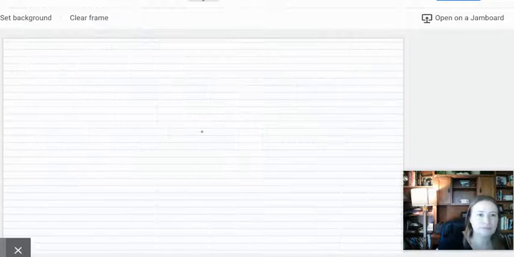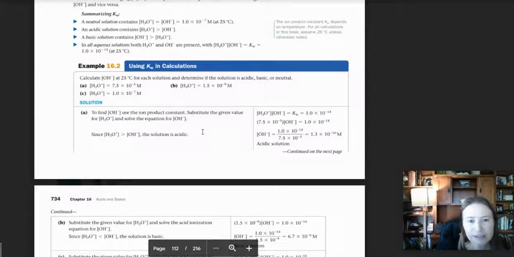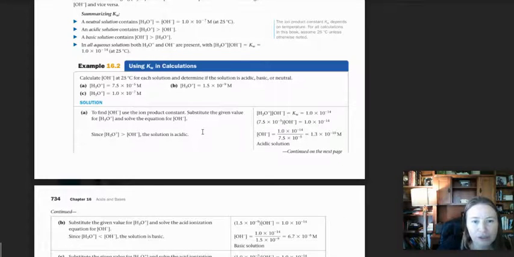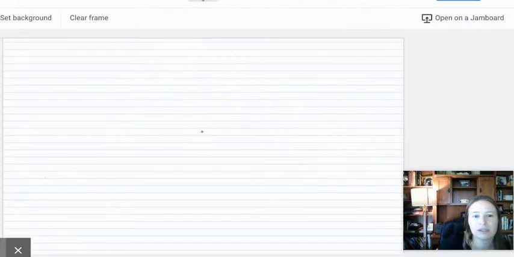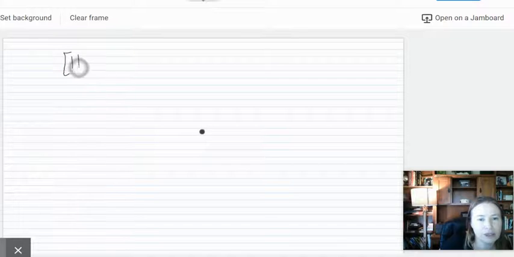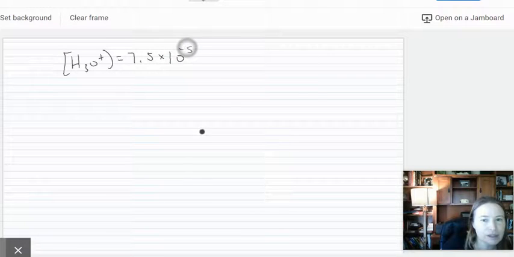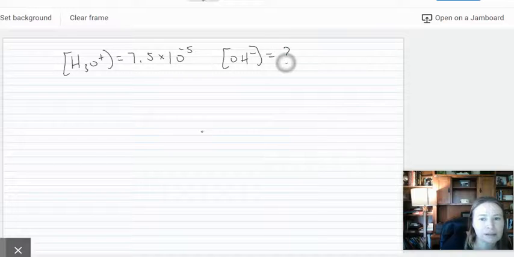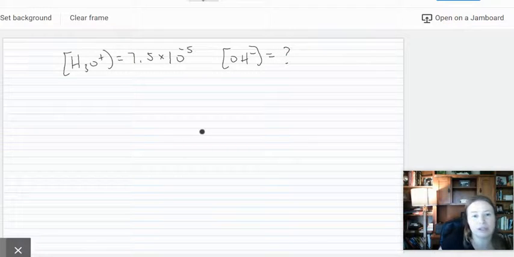So an example in your book is, look at when H3O plus is 7.5 times 10 to the negative 5th. What is OH minus? Okay, we're going to plug it in and solve.